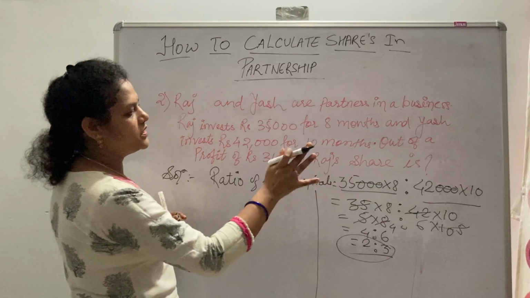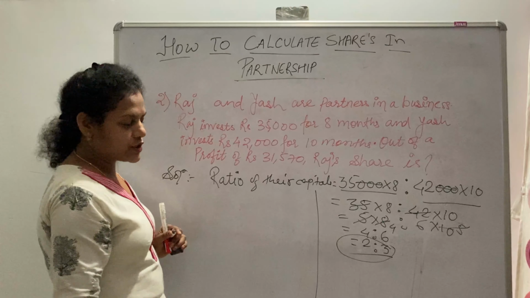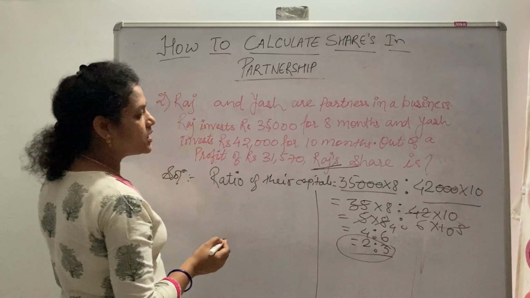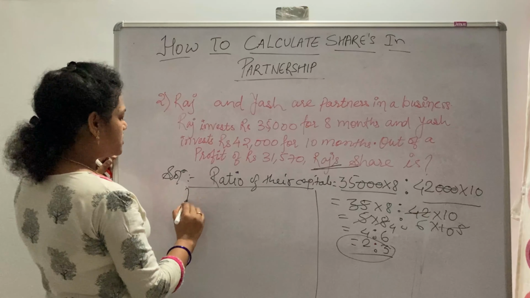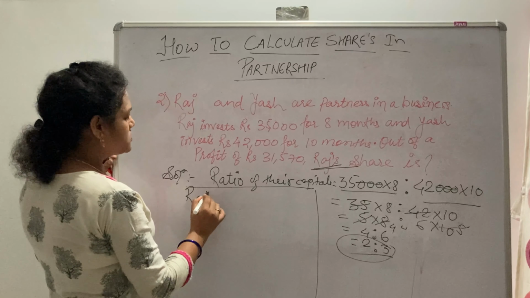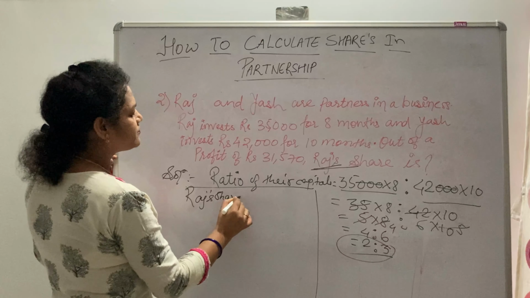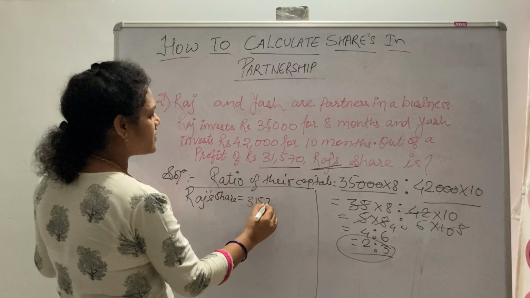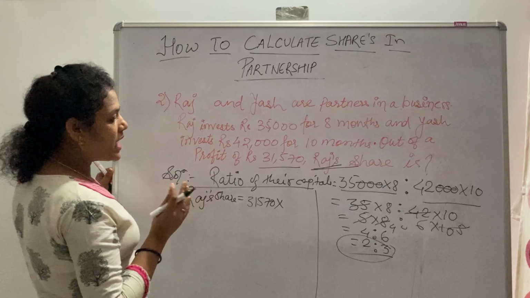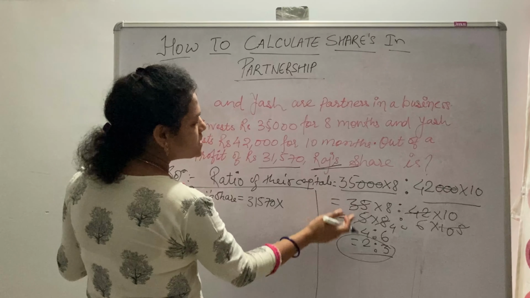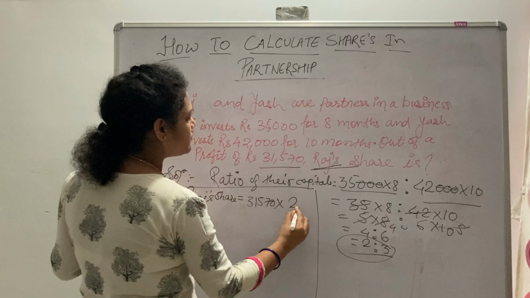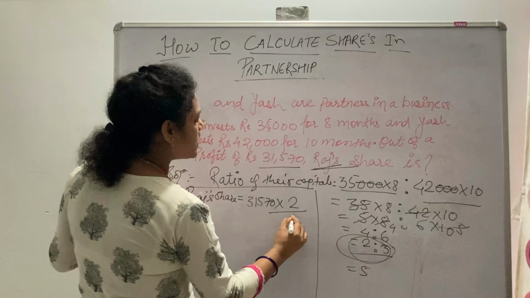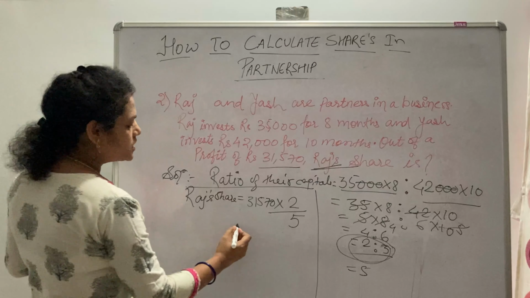Whatever capital they invested is in the form of a ratio. But actually we have to calculate Raj's share. What is the share for Raj? So Raj's share: the total profit is 31570 into, we have to calculate only for Raj. Raj's ratio is 2, and the total ratio is 5. So you have to write 5 here.